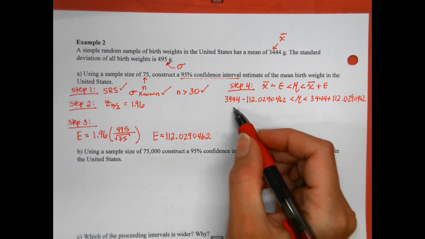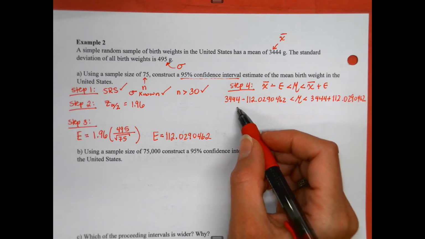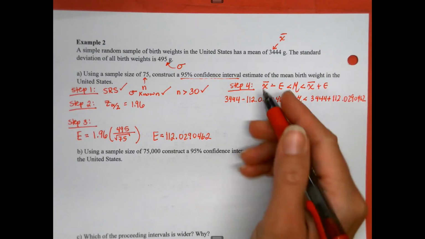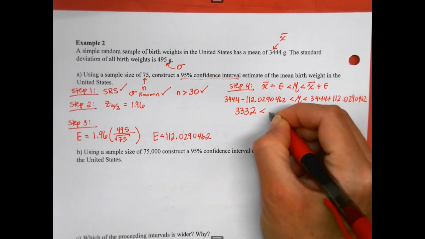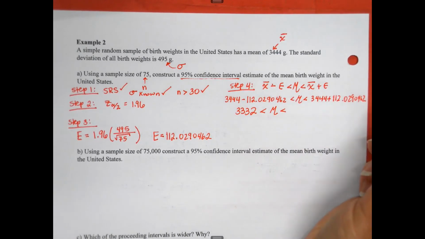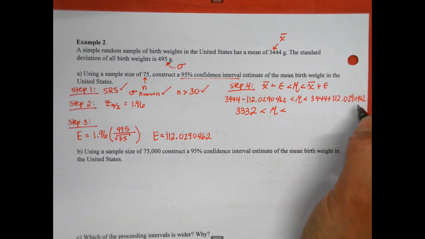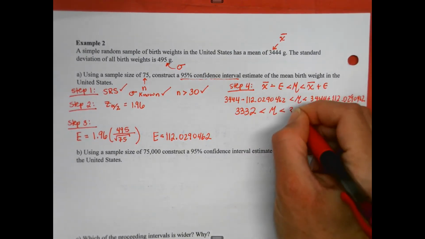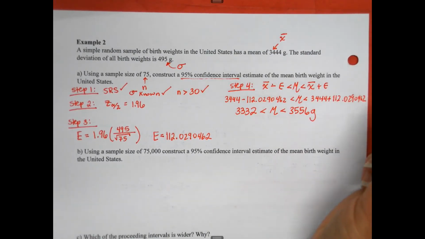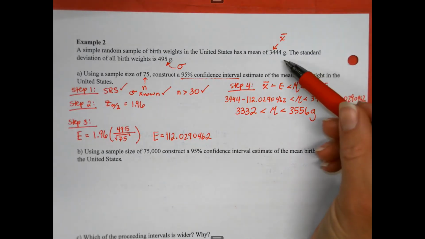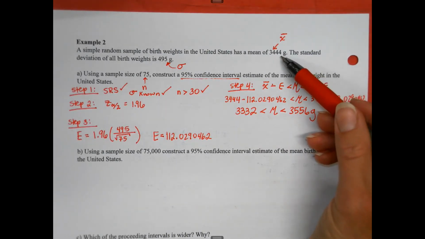When we subtract, we get approximately 3,332. And when we add, we get approximately 3,556 grams. I rounded to the nearest whole number because our mean here was rounded to the nearest whole number.